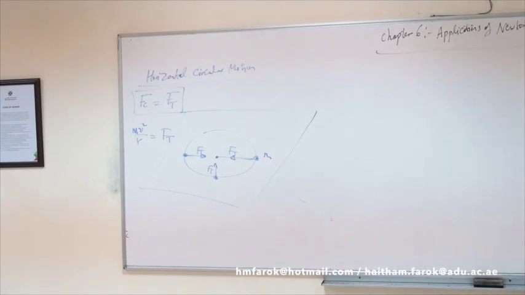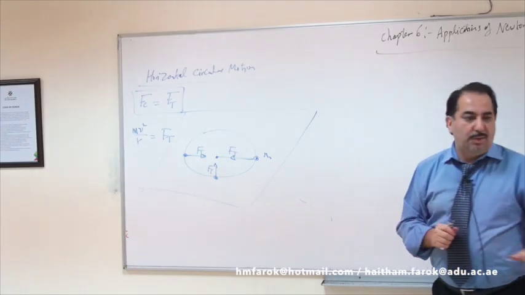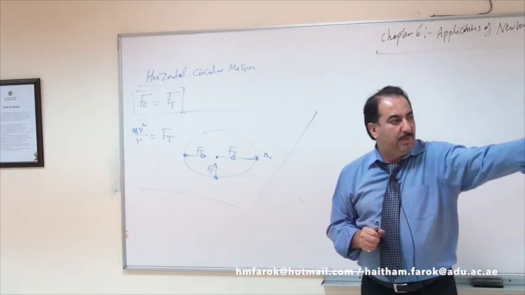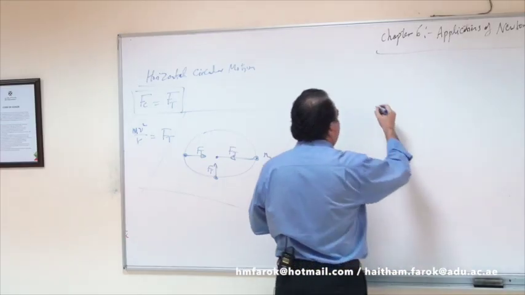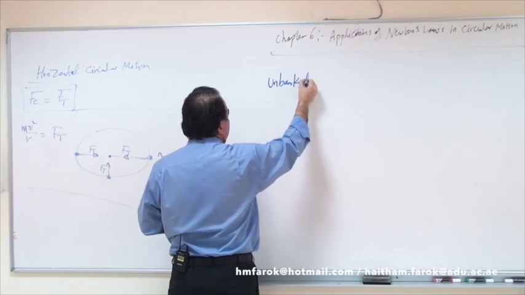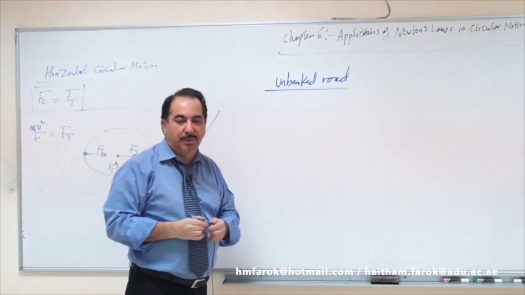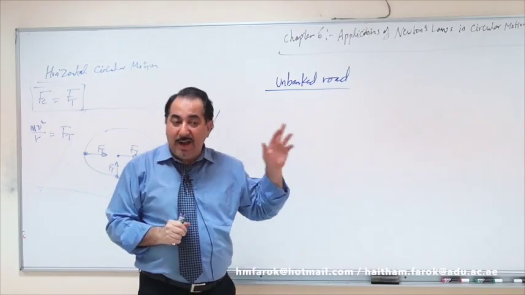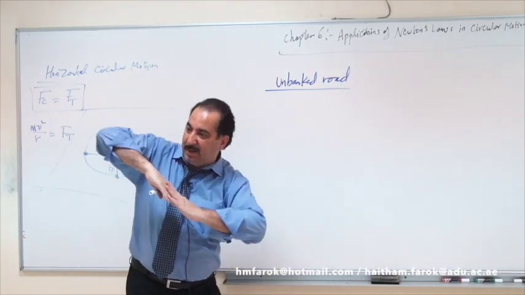The second example of horizontal circular motion is about roads, the normal roads we have. We have two types of roads. The first type of road we call an unbanked road. Unbanked means the road is leveled, plain, it's not angled.